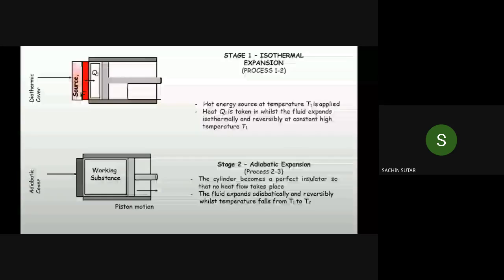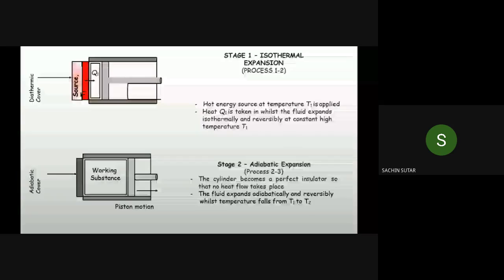After isothermal expansion and adiabatic expansion, we have to carry out similar processes so that we can bring the cycle back to the original or initial state. For that, stage 3 is isothermal compression, the 3 to 4 process.